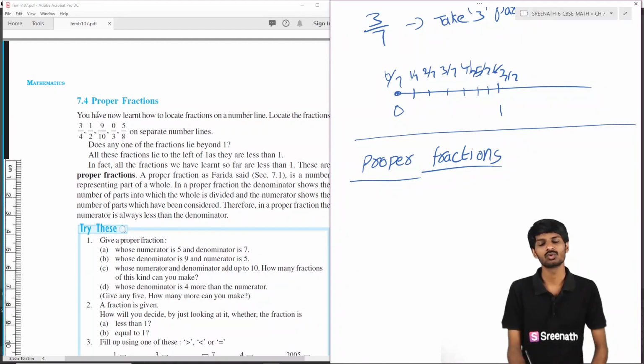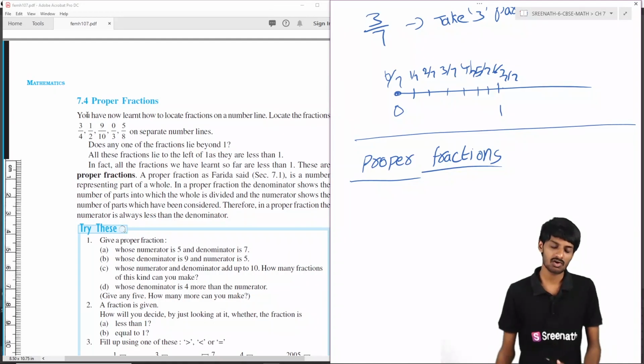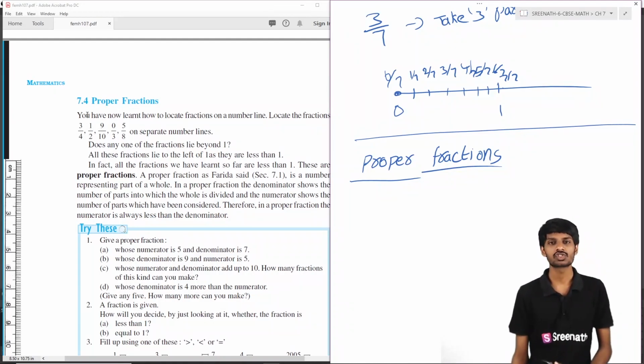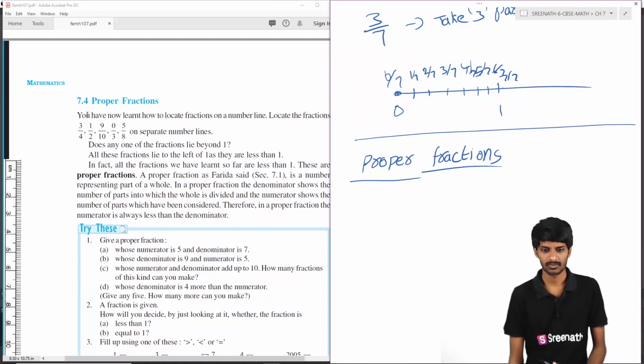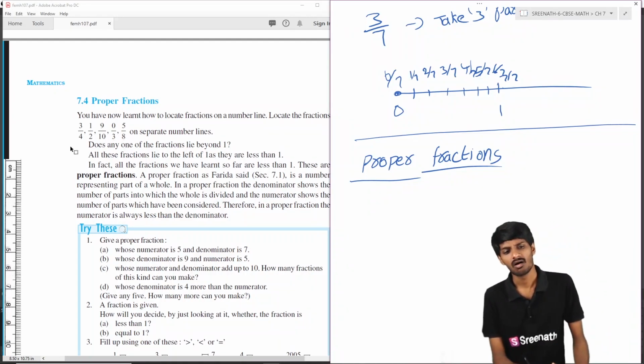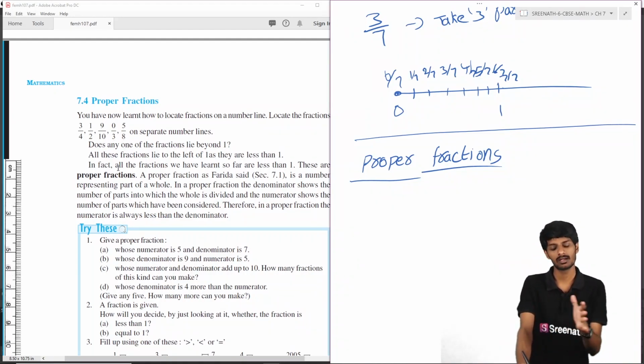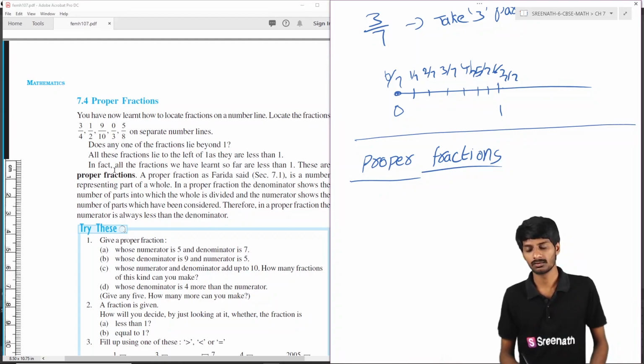What you have to observe is whether any of these fractions lie beyond 1. If you see, students, all these fractions lie below 1.